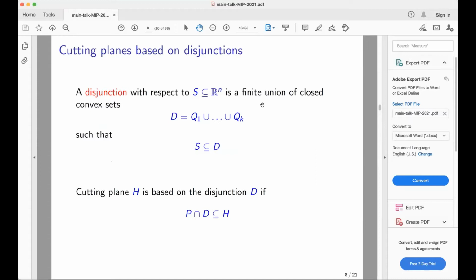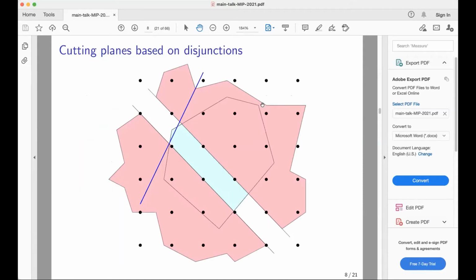And any half space that is valid for all of these subproblems is a valid cutting plane, because of course the disjunction was covering all of your non-convexities. So technically every cutting plane that we know of is derived in this way from some disjunction. Okay, but this is going to be important in the setup that I have.